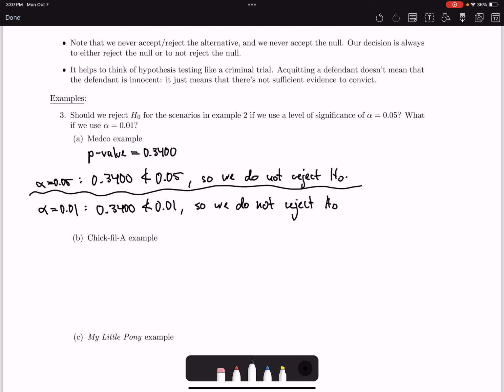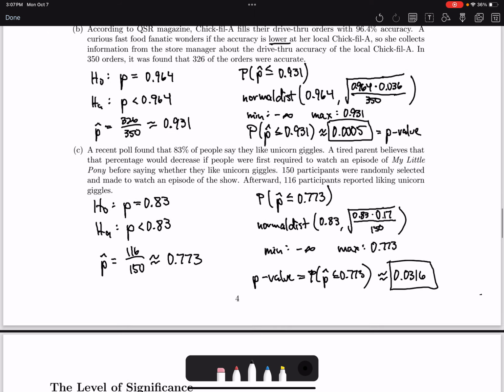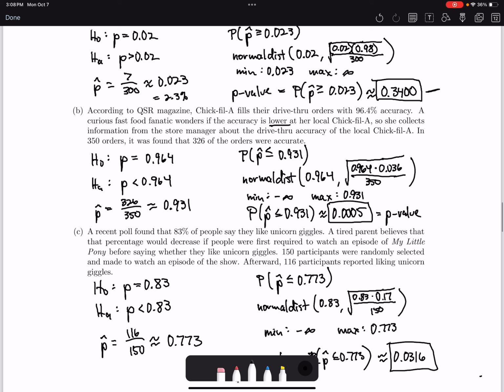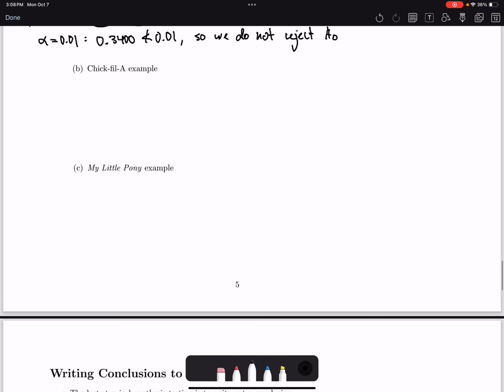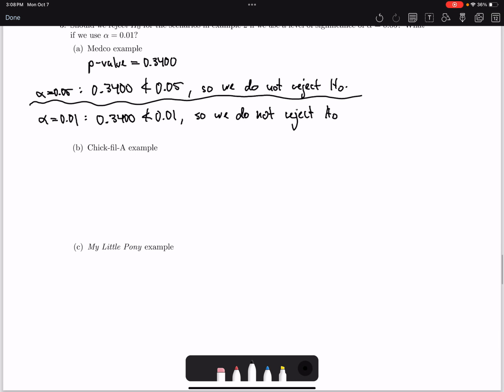Okay, part B, the Chick-fil-A example. In that example, our p-value was 0.0005. Well, this is just the opposite of the Medco example, because in this case, our p-value is so small that it doesn't matter which level of significance we use, right?